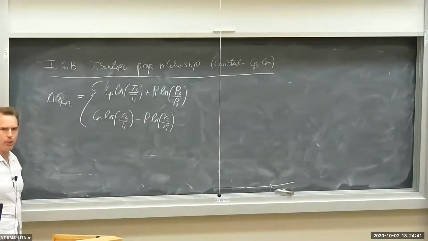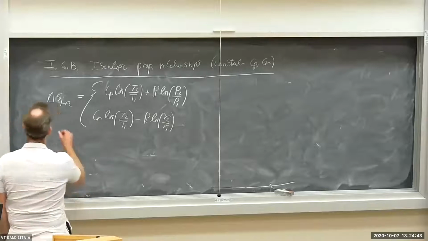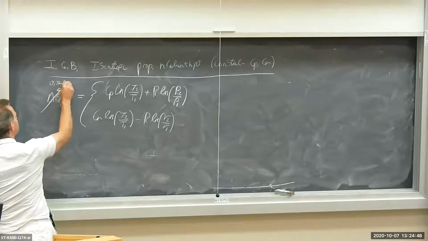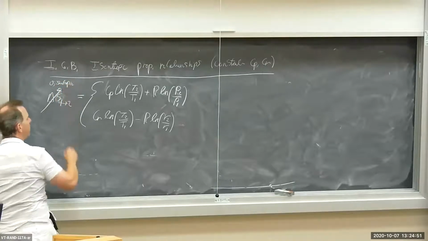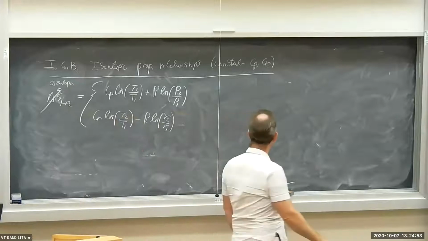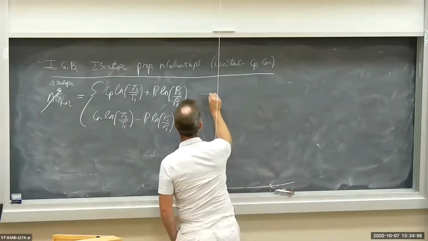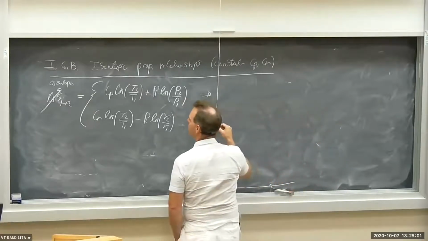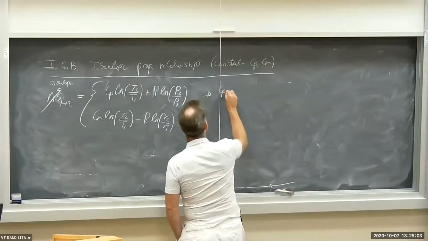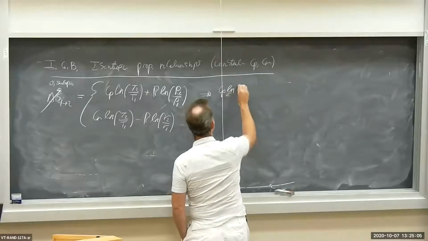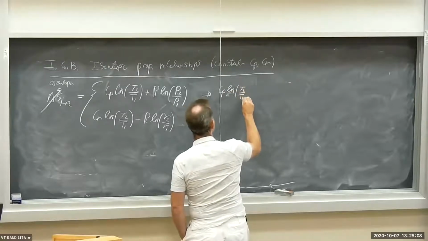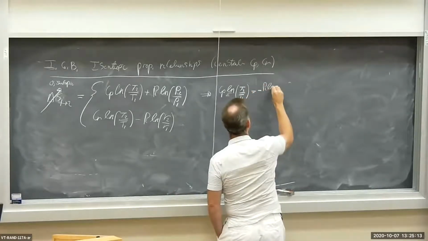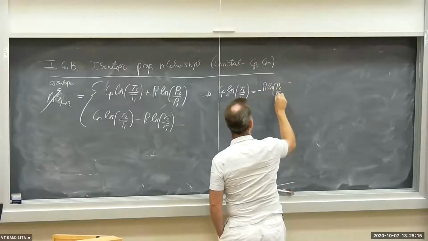So if delta S is equal to 0, so this is equal to 0 for an isentropic process, then let's look at the first equation here. That implies Cp ln T2 over T1 equals minus R ln P2 over P1.